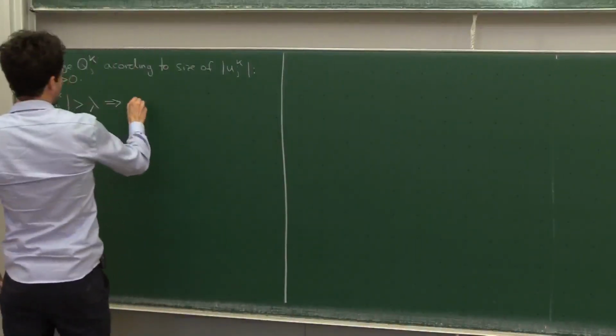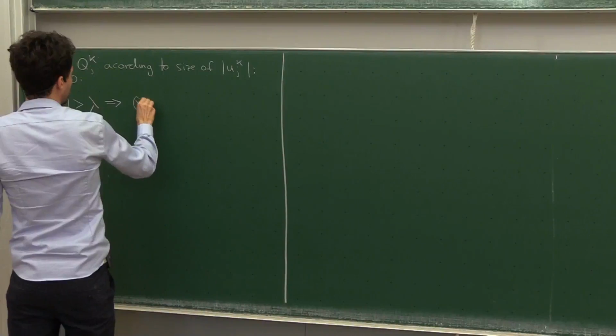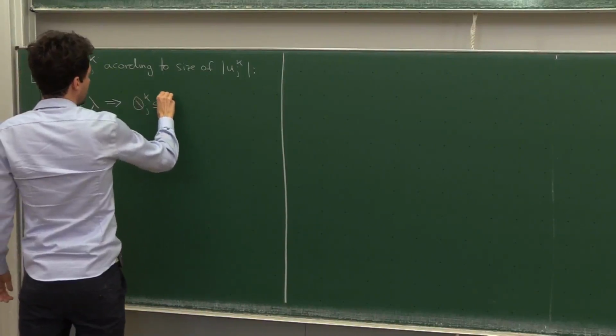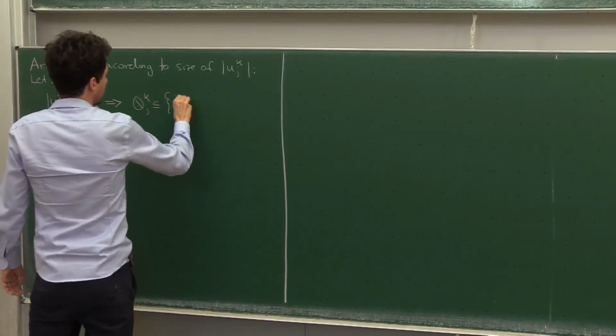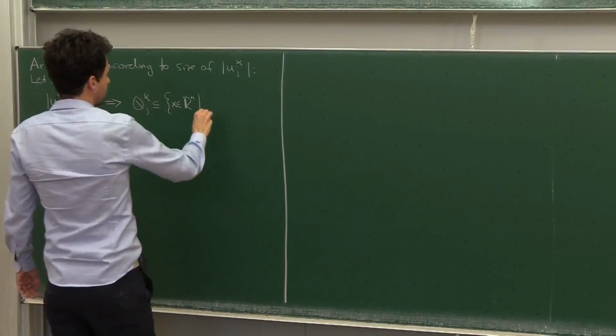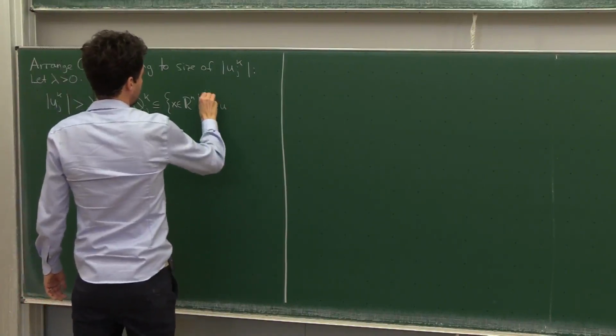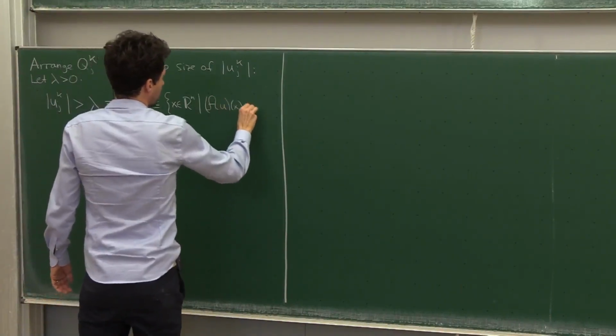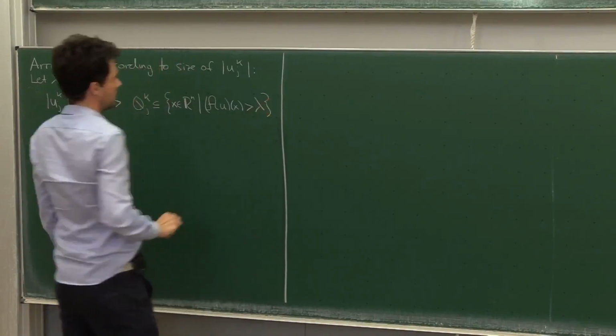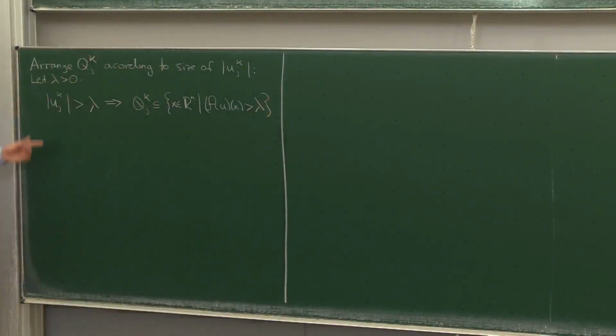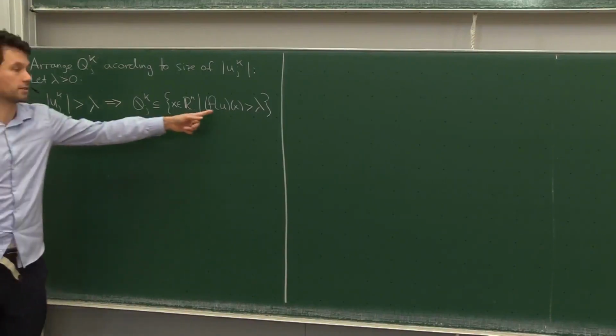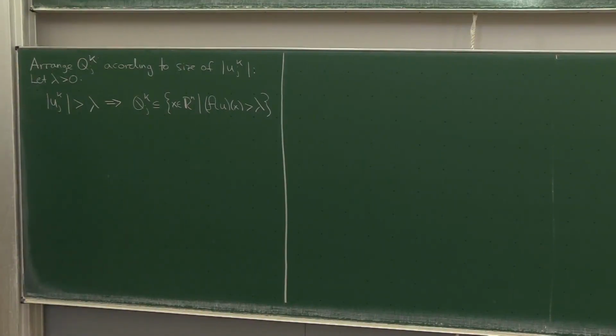So I claim this implies that the entire cube Q_jk is contained in a super level set of the dyadic maximal function. Right? If already the average at one cube is larger than lambda, then the maximal function is going to be larger than lambda on every single x where, for one scale, I'm choosing this cube, and so this happens at every point in the cube.